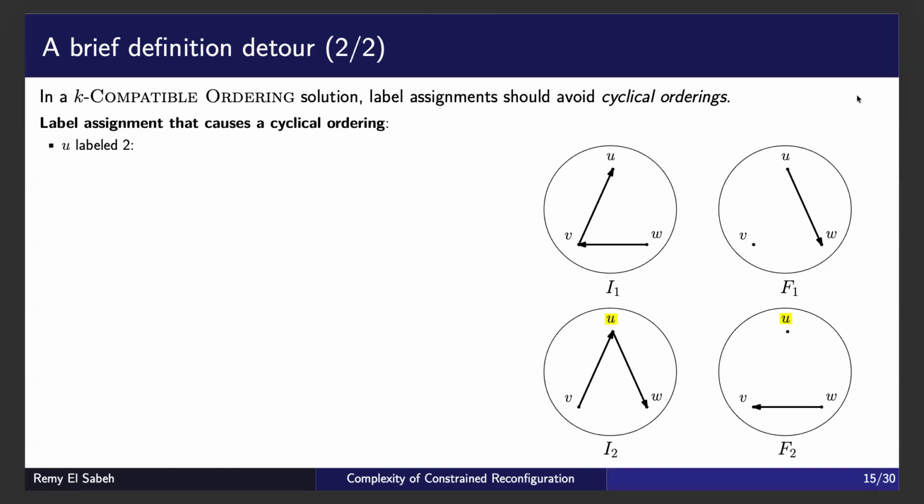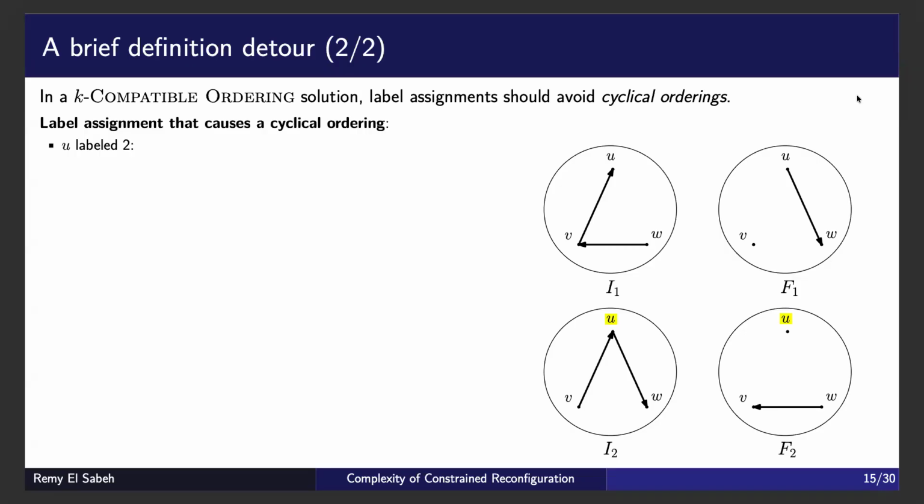So let's look at a bad label assignment. That is the core argument we're going to be using a bunch, and we're going to be referring to stuff we've talked about a bit earlier as well. So let's say we've labeled U with 2. Now we take a look at U in both I2 and F2.